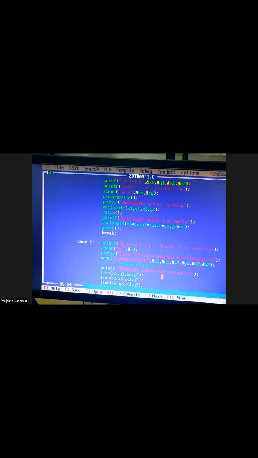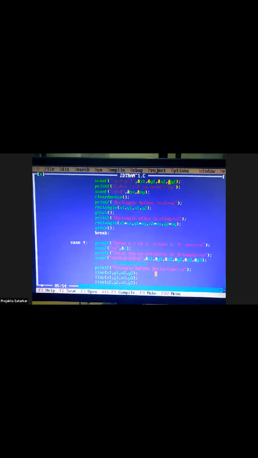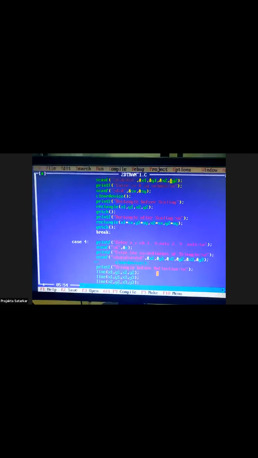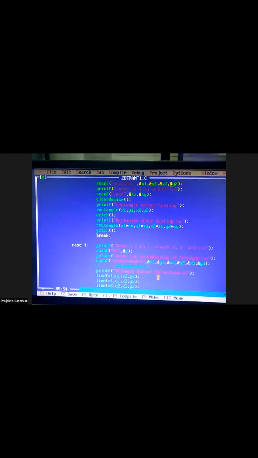So for that, I need to do some modifications. That division of the screen into 4 quadrants, and then x and y, and we will then consider all the 4 options in the next turn: reflection along x, reflection along y, reflection along y equal to x, and y equal to minus x. So we will consider all the 4 types of reflection in the next lecture, or next practical turn. Okay, so we will stop here.